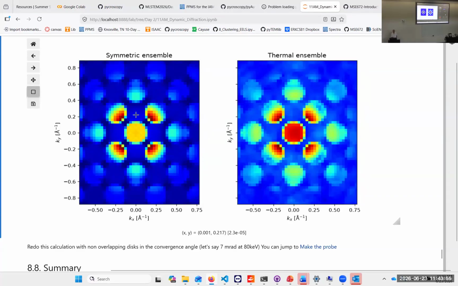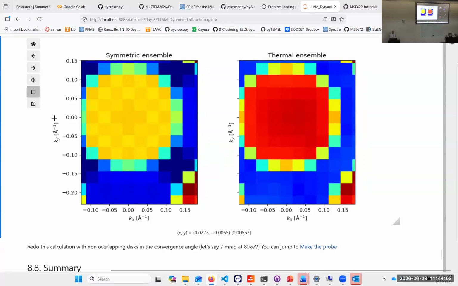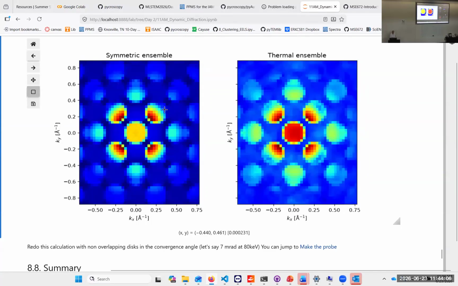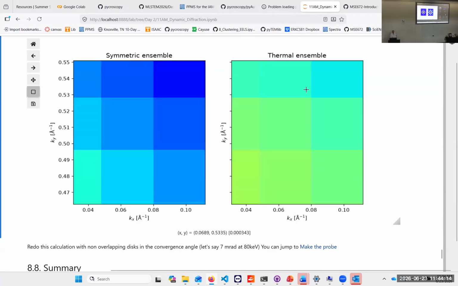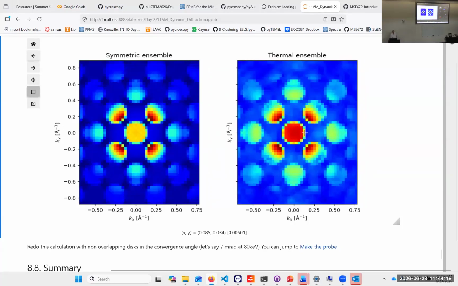And so here we see now how the center part is changing. We have some amount of structure in the center, and then the squareness of the crystal symmetry is showing up here as well.